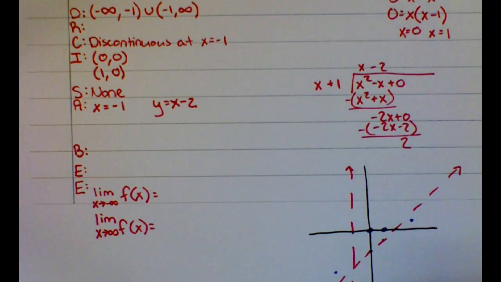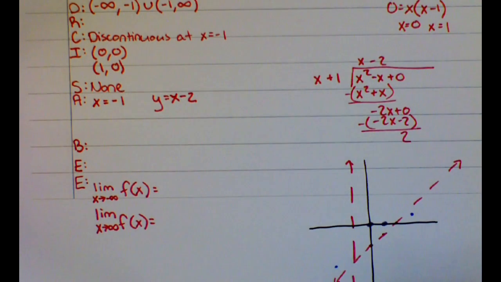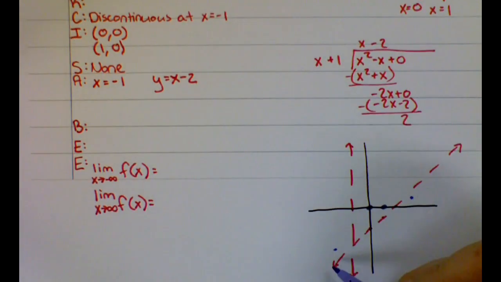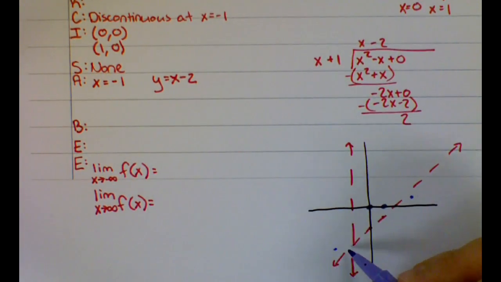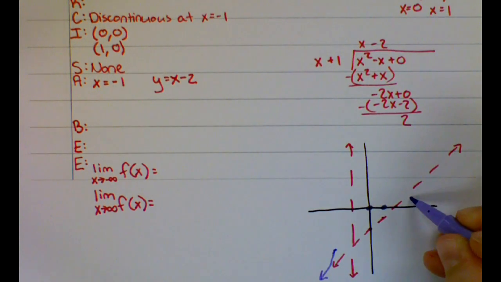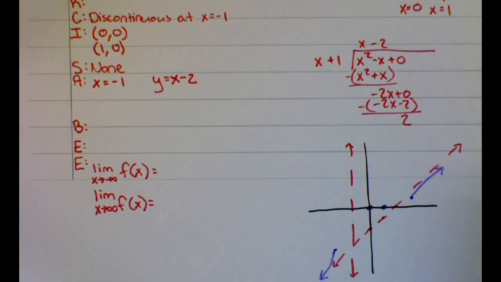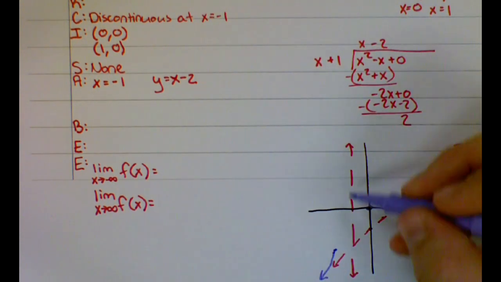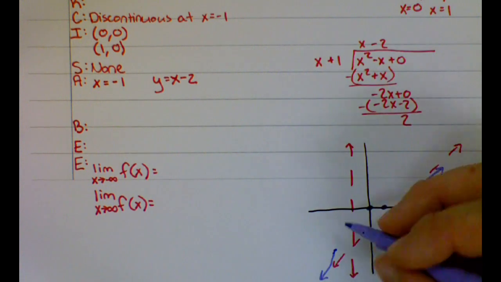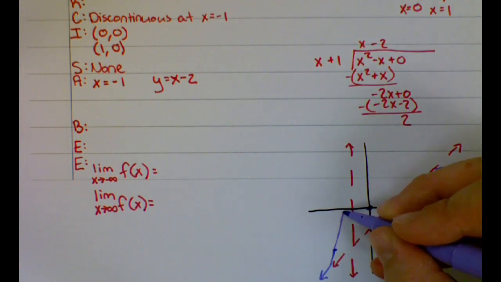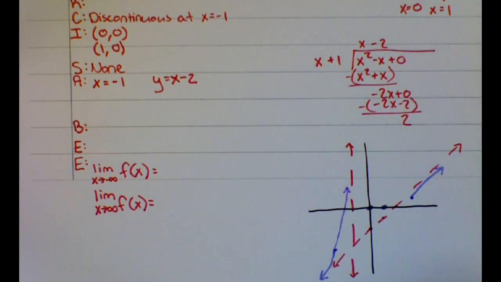About there. So this tells me a bit about what my function does. I'm pretty sure at this point, because my function will approach this slanted line, it's going to go like that. And from this point, it'll go like that. It can't cross the vertical line, so that means it's probably going to go like that.